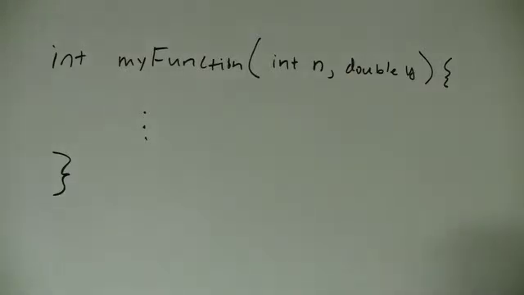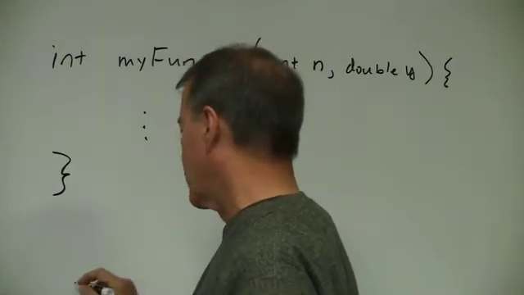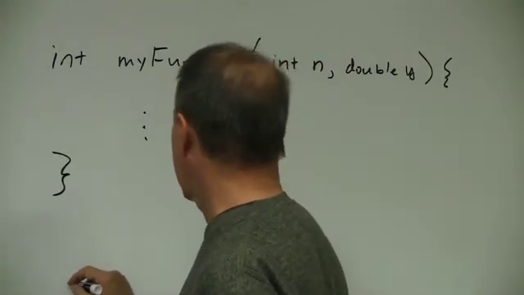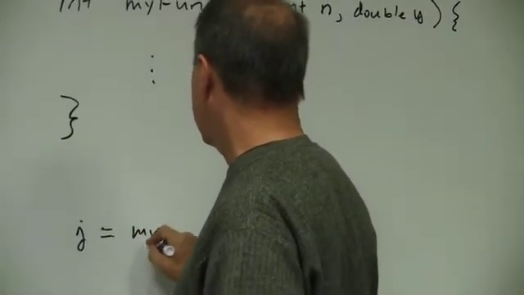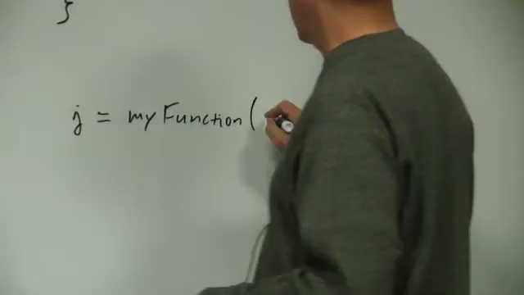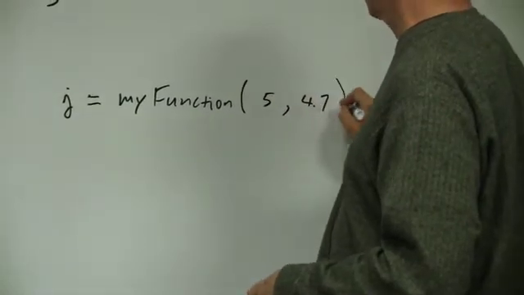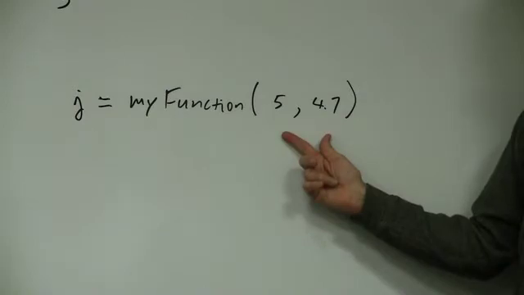And so here, down in another part of the translation unit, you might have something like j gets my function of, let's say, 5 and 4.7. Now, what parameters are these, actual or formal?